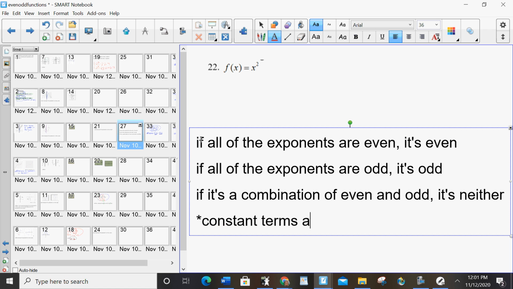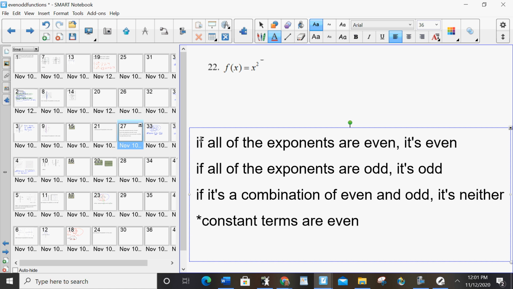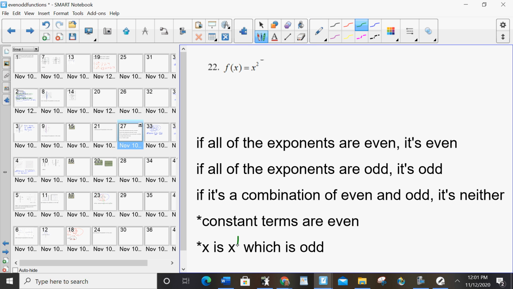Constant terms are even. And x is x to the first, so constant terms are even.